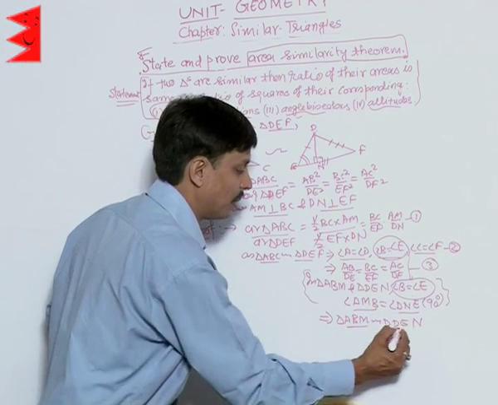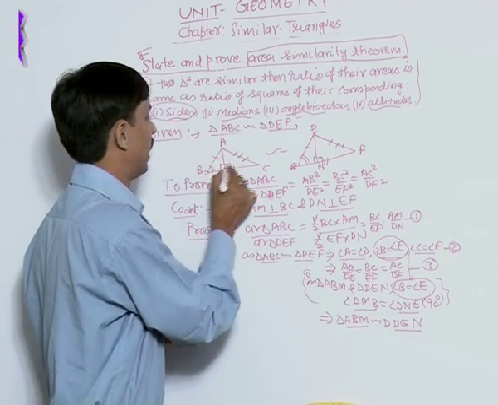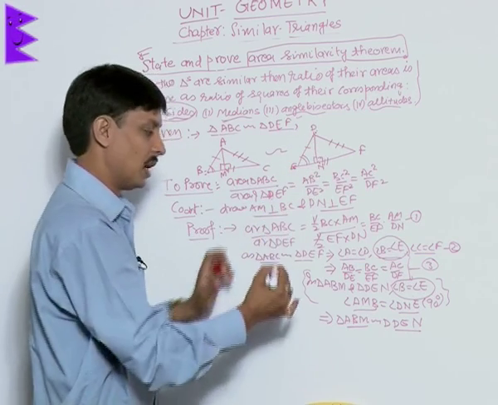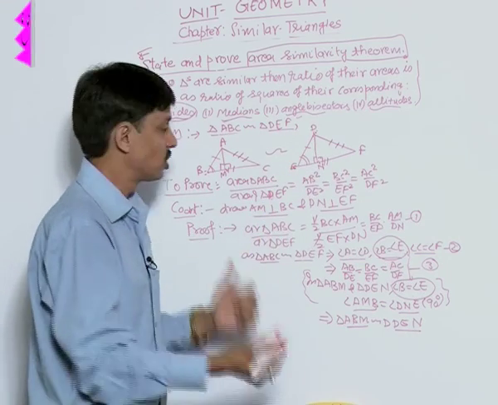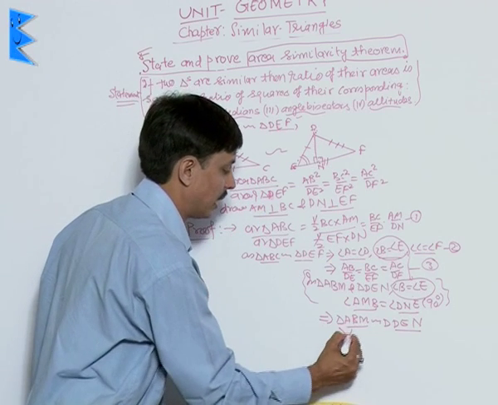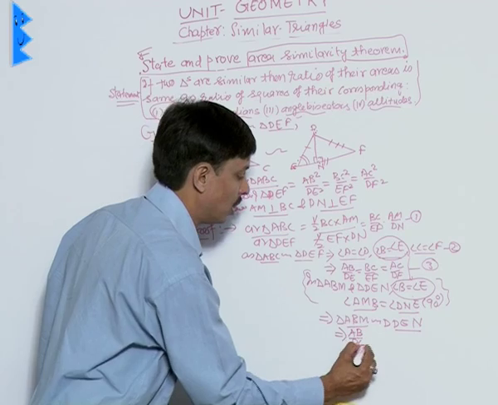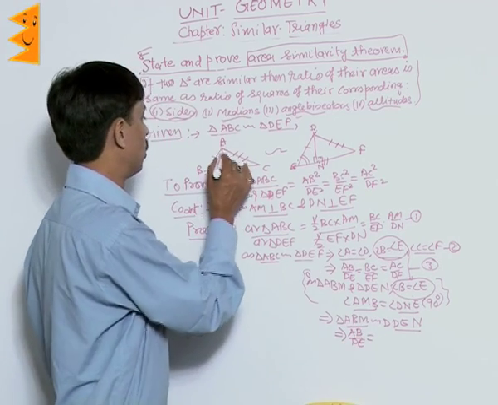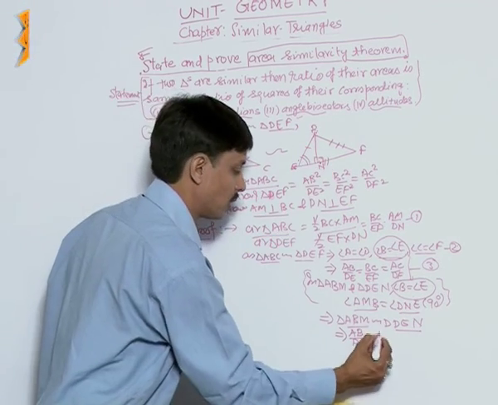If triangle ABM is similar to DEN, then their sides must be in the same ratio, that is, AB upon DE is equal to AM upon DN, corresponding sides.